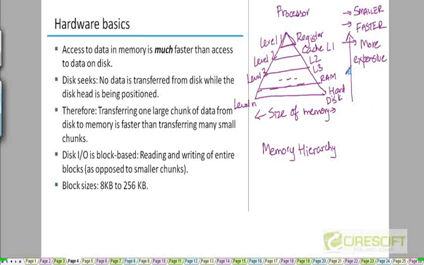And the fourth feature of these levels of memory hierarchy as you go up is that the data contained in upper levels is a subset of the data contained in lower levels.